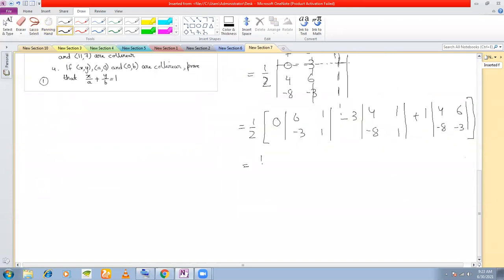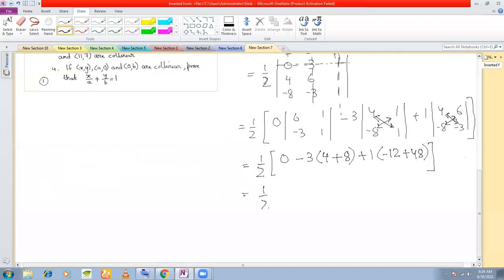First is 0. This is 0 minus 3 into, multiply this, 4 minus of this 1 into -8 is -8, and minus of -8 will give you a +8, plus 1. 4 into -3 will give you a -12, and 6 into -8 will give you a -48, and minus of -48 will give you a +48.